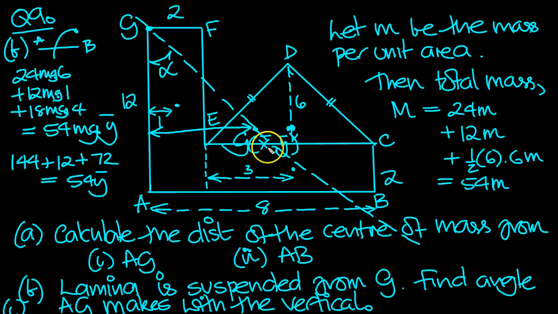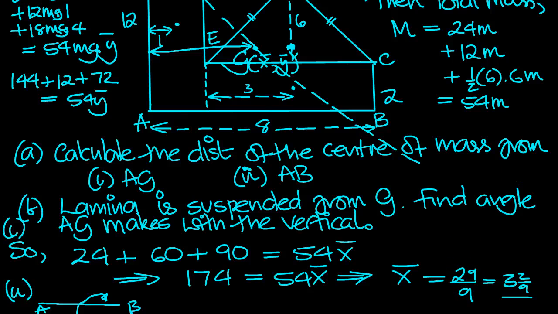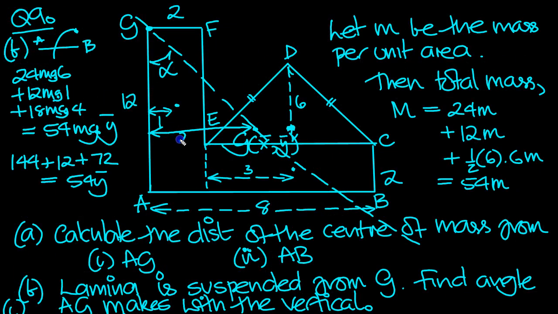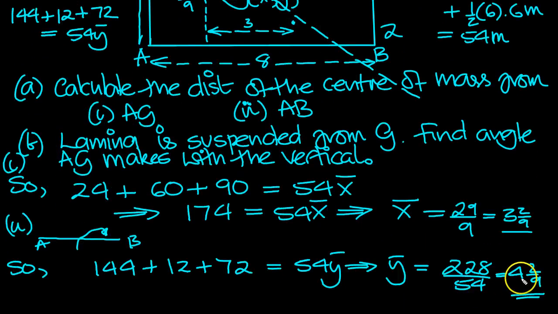So this distance here in the triangle, that distance is x bar, isn't it? Which we said was 29 over 9. So that's 29 over 9. This y bar, the height, is this height here. So y bar here, which we got from below, 4 nines are 36, so it's 38 over 9, isn't it?